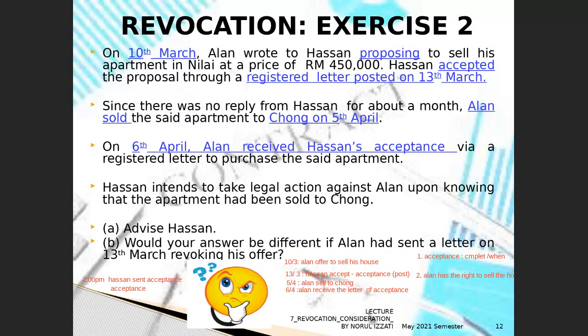Let's say 4 p.m., Alan sends the revocation letter. So you can see that Hassan sent the acceptance letter before Alan sent the revocation letter. So in this scenario, on the same day, the letter of acceptance is considered valid.